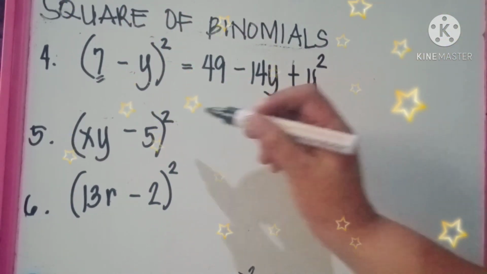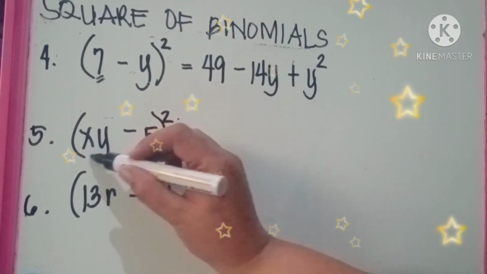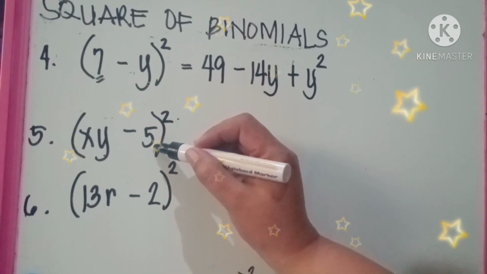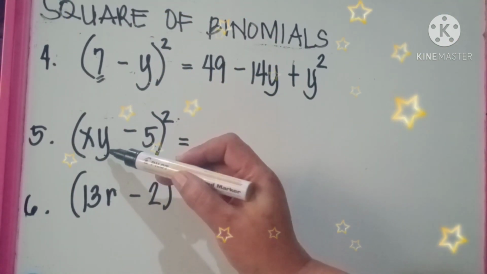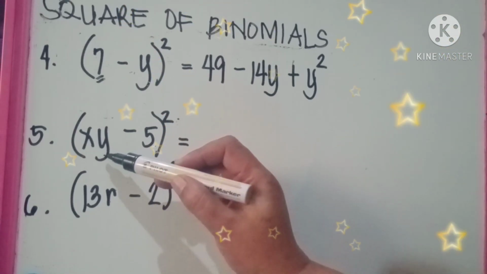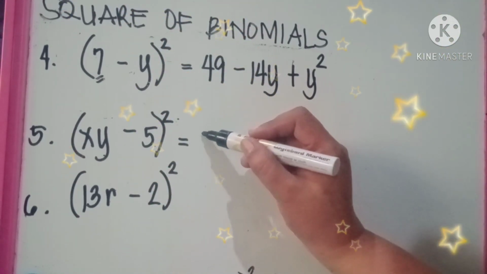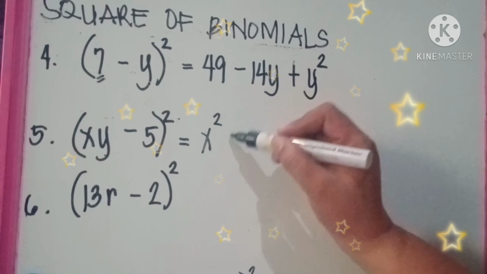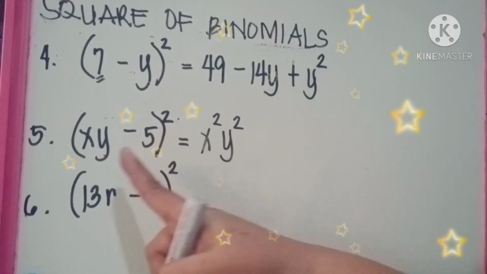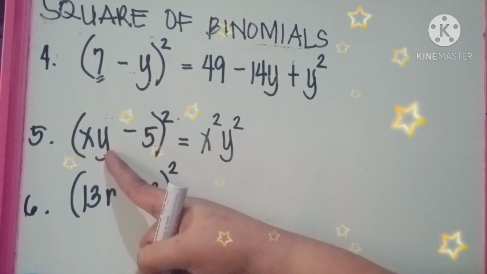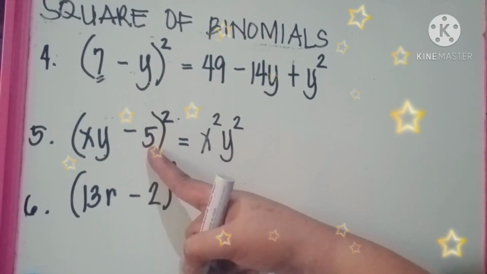Fifth example is the square of xy minus 5. So, multiply xy by itself. So, xy times xy is equal to x squared y squared. Then, multiply xy by negative 5.